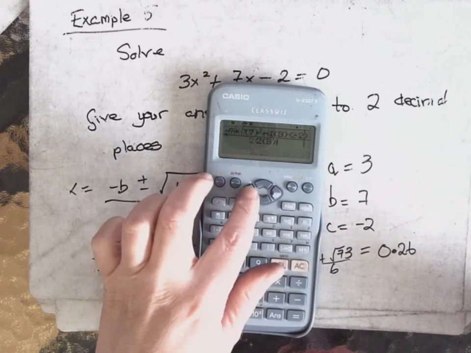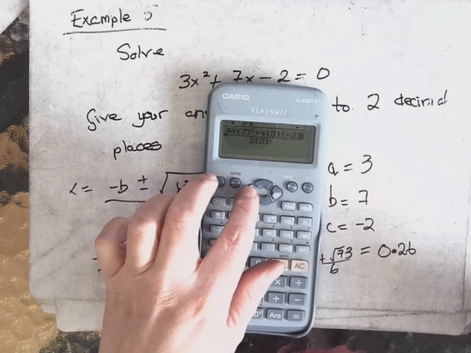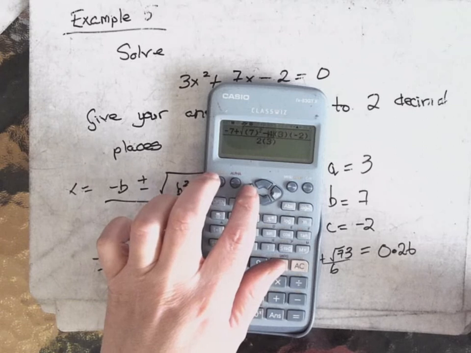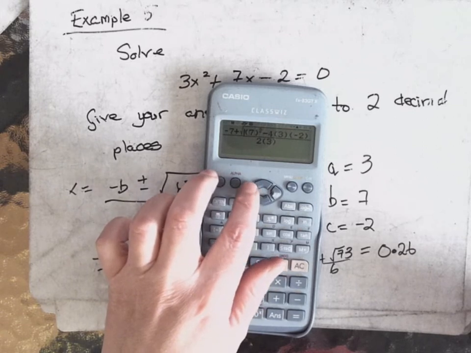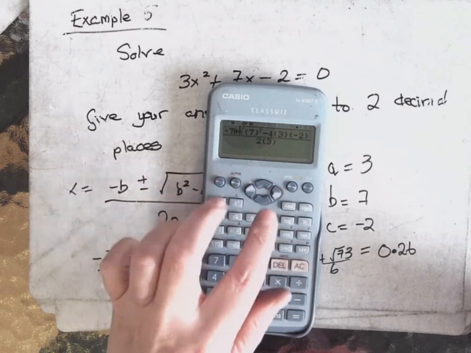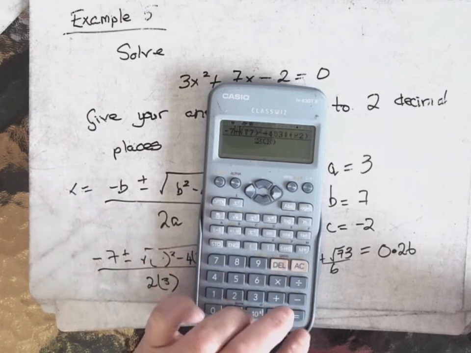Then you go back and change the sign. Use the back arrow to get back to that plus, delete it and change it to a minus.